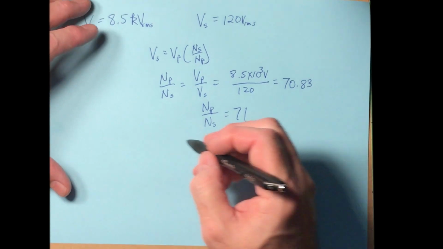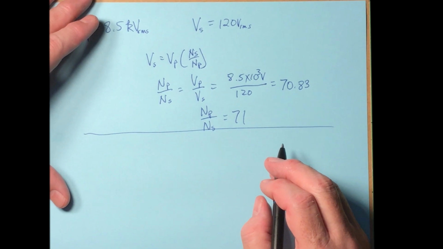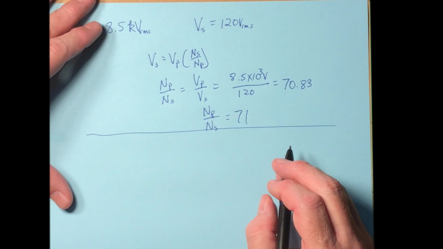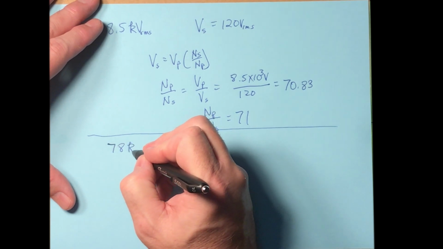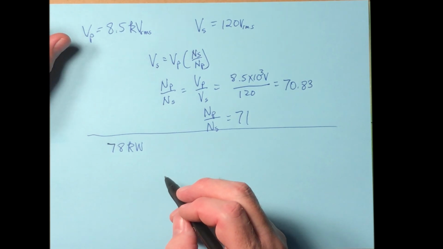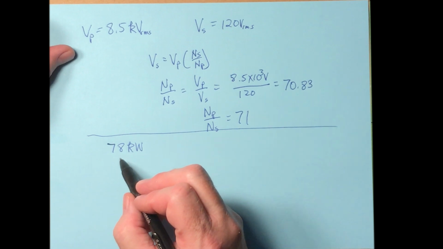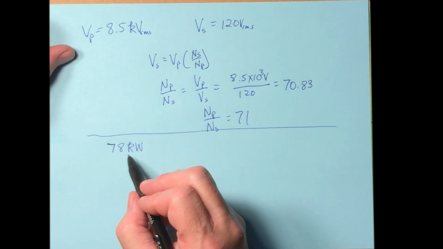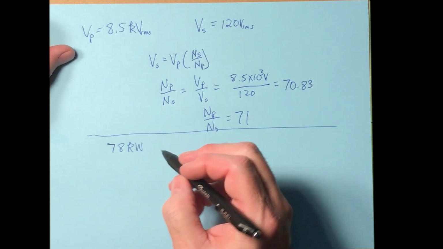All right? Now, let's take it a little bit further. Suppose the house uses 78 kilowatts of power. Then the current in the transformer is going to be, now the power is the thing, remember, that's the conservation of energy. The power is the thing that's the same on both sides. So it's the same on the primary and secondary side.